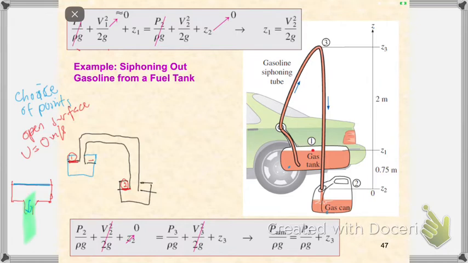So that's why the velocity at any open surface of a liquid is approximately equal to 0 meter per second. There is movement, there is velocity, but very, very small. So it would be easier for any case to choose the open surface as your point, because you know that at that point the velocity is equal to 0.